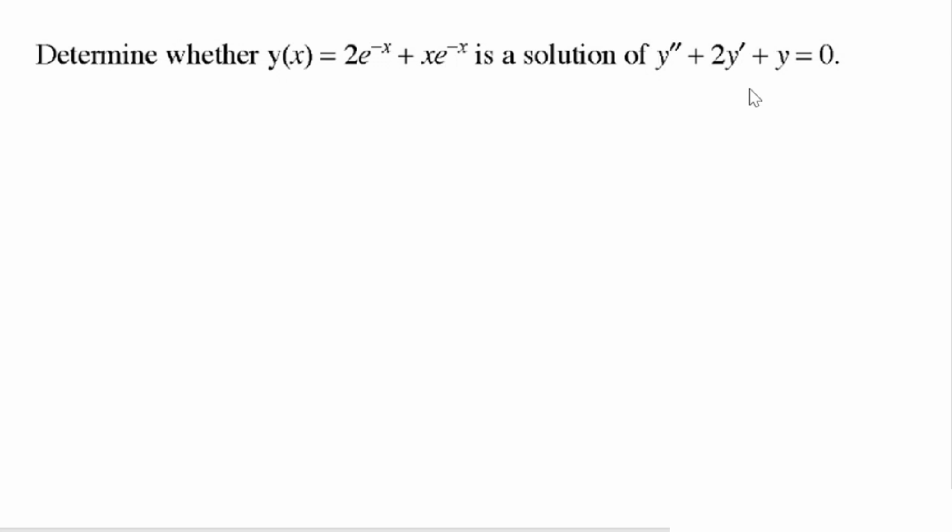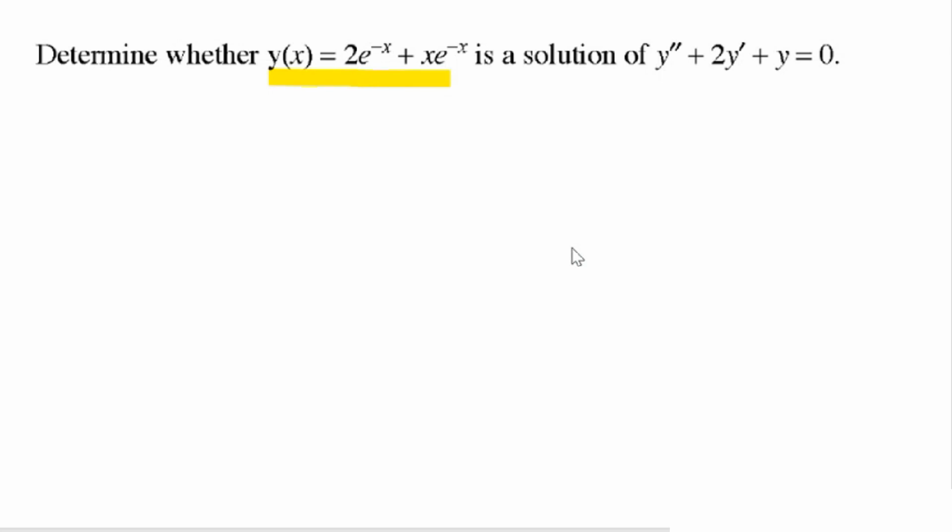How are we going to do that? First, we are going to take the first derivative. Since we have here double prime, we also have to take the second derivative.